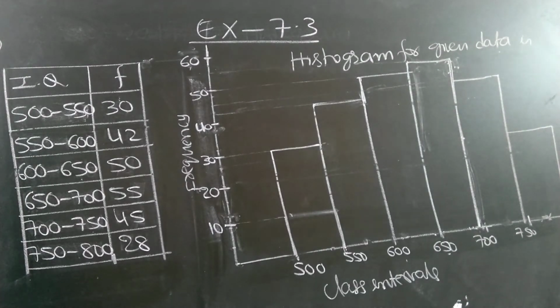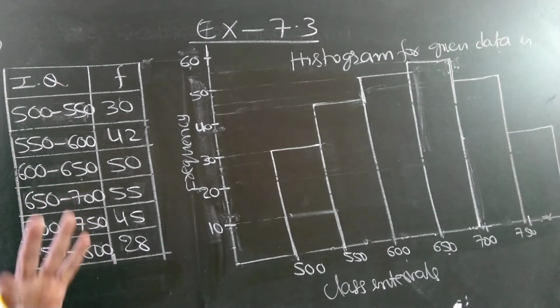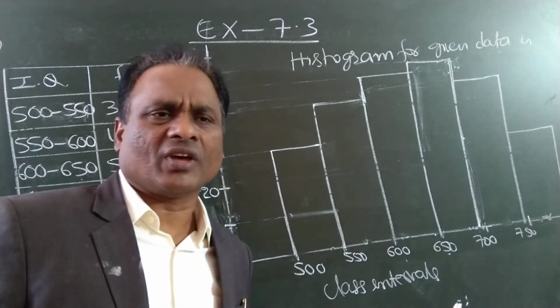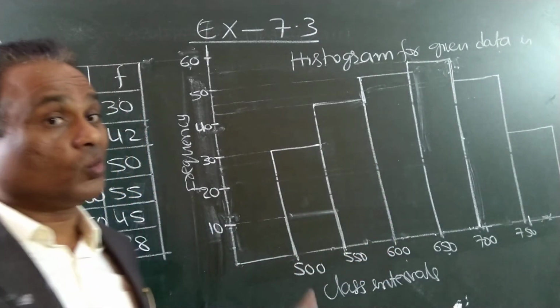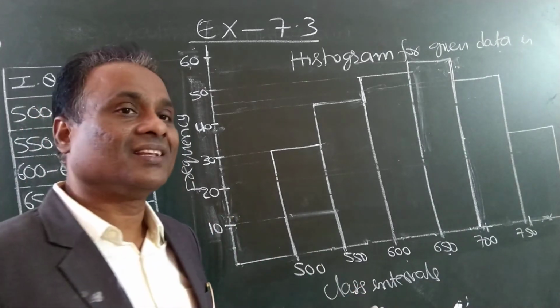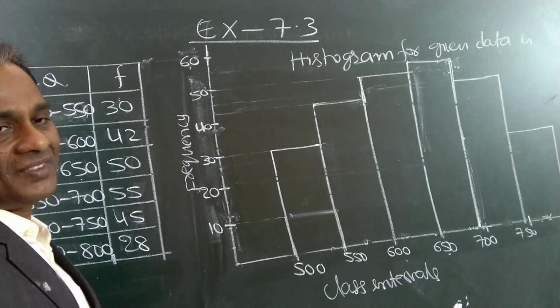Students, now how to draw the frequency polygon. I explained four things. One is the bar graph; actually, we don't have problems on that. Second is the histogram; we solved two problems, I hope you are perfect. Third is the frequency polygon. So I am drawing the frequency polygon for the same data.